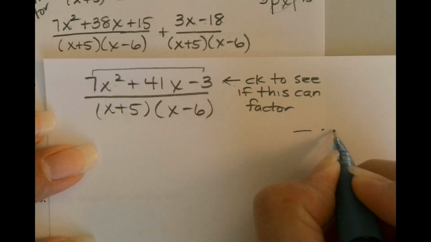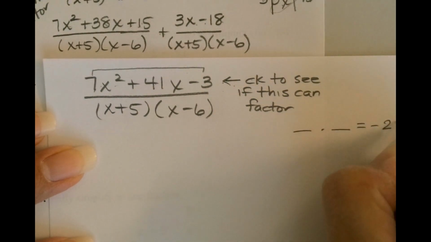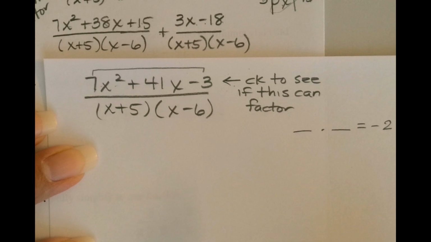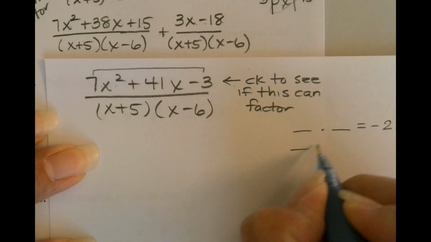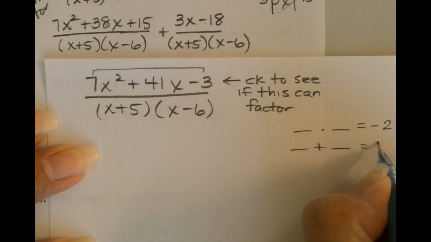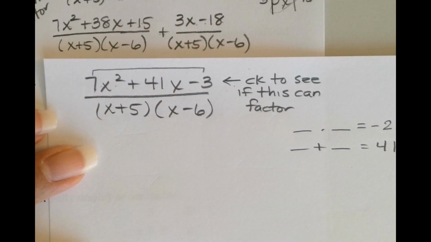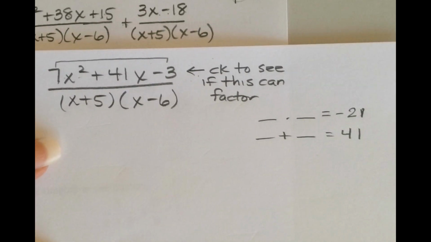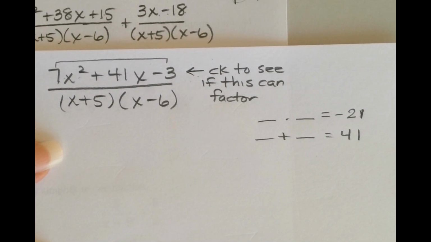If I'm looking for two numbers that multiply to be negative 21, that at the same time add to be 41, there aren't any possibilities. 1 times 21 is 21, 3 times 7 is 21. There aren't any other numbers that multiply to be 21. So this cannot be factored, so this is your final answer.